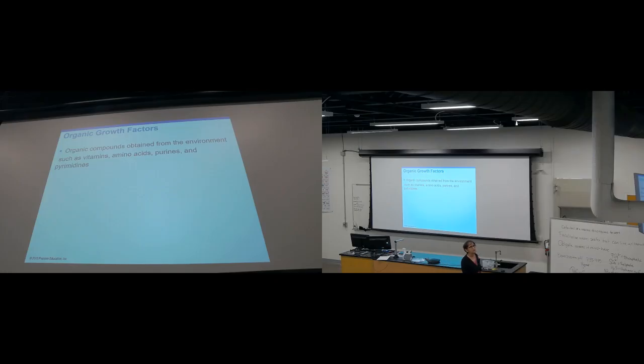Then we have organic compounds that bacteria as well require. These are growth factors, like vitamins, amino acids, purines, and pyrimidines. Some bacteria may require specific vitamins to grow, like biotin, for instance, or certain amino acids.